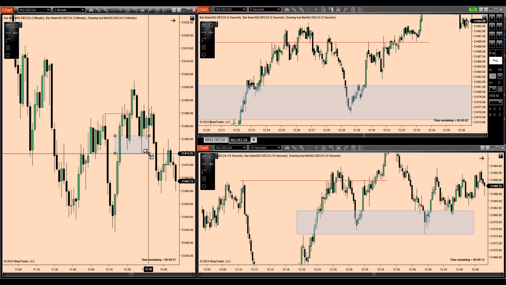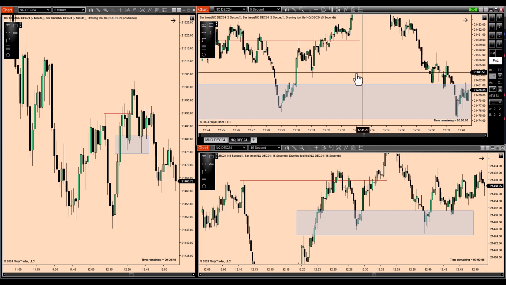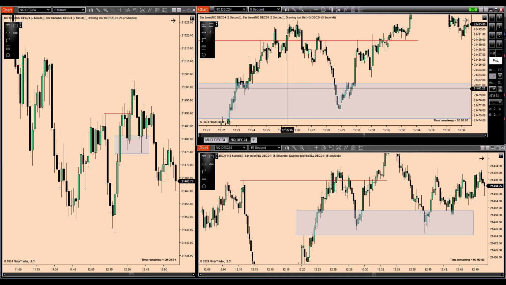And we extend this in time, it's still offering the pullback, or I'm sorry, it's still offering support one more time here. And this was the first imbalance from this explosive move to the upside, right? So again, while you see this as a bearish signal, the higher time frame is still finding support from its first imbalance on this leg to the upside.